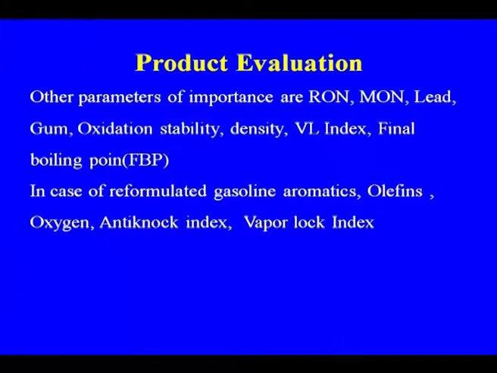Similarly, there are some of the properties which are being used. I am not going into detail because again it will be part of the petroleum refining course, and if we start discussing all those parameters and methods, that will take 2-3 lectures. So, the various parameters used for gasoline characteristics are RON, MON, lead, gum, oxidation stability, density, FBP, final boiling point.